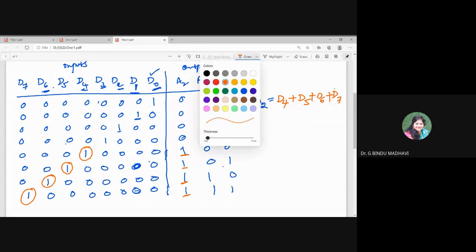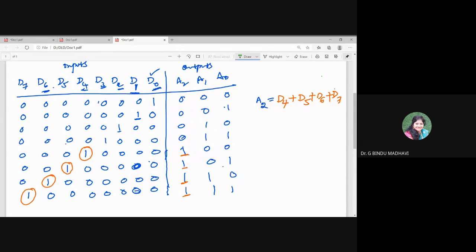Next output is A1. For A1 also you need to write in that manner. First identify where we have ones in the A1 column. We have 1 here. What is the corresponding input?